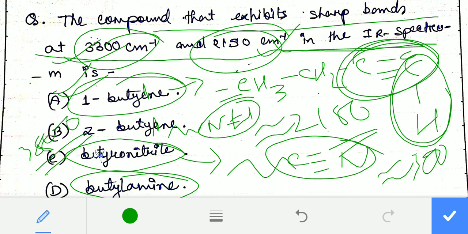So from the above discussion, we come to the conclusion that the compound is 1-butyne, because the latter options, that is B, C, D, do not resemble any of the bands given in the question.